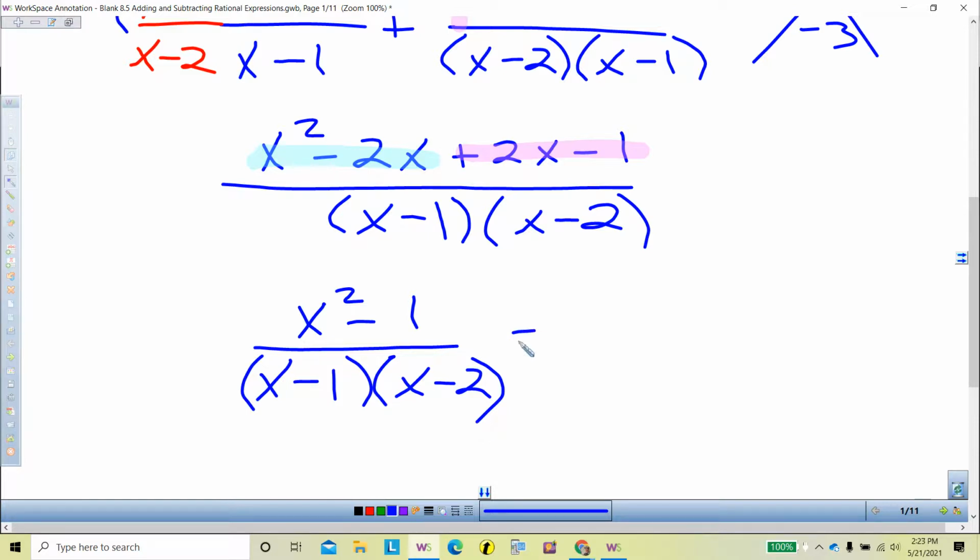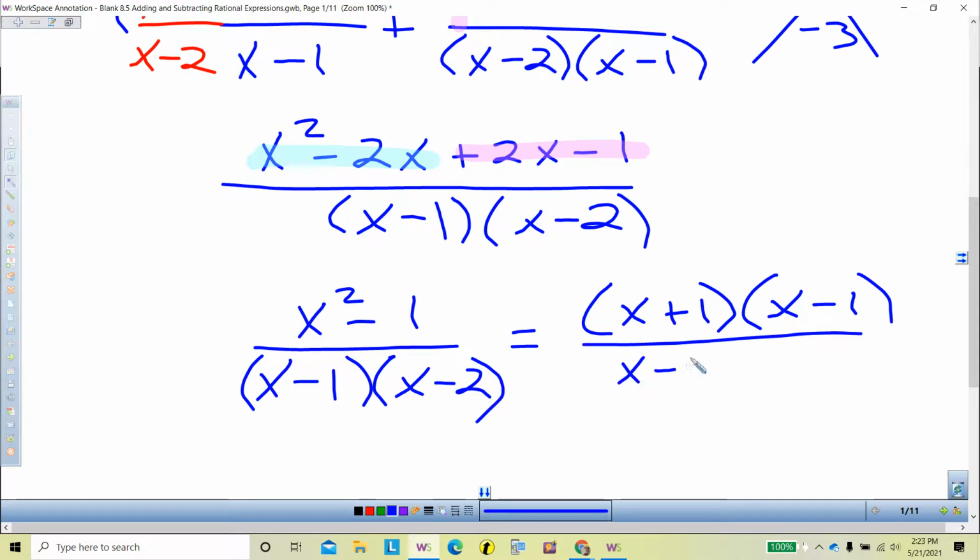So this numerator is what? x plus 1, x minus 1, thank you. Over x minus 1, x minus 2. So as soon as we combine the two fractions, do domain. So domain cannot be 1 and 2.